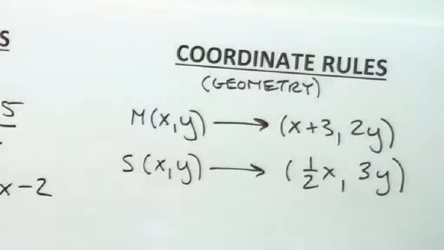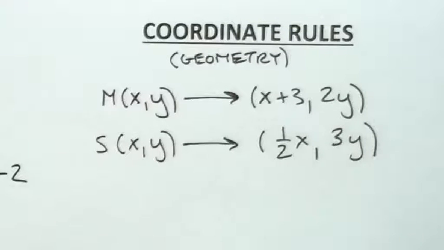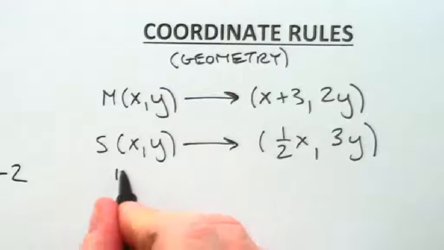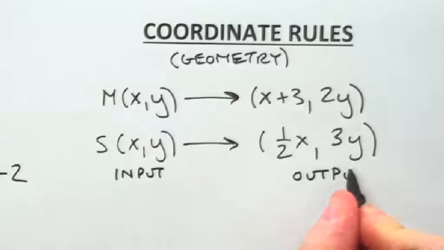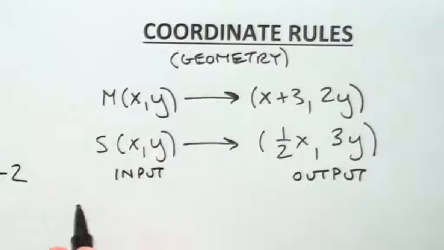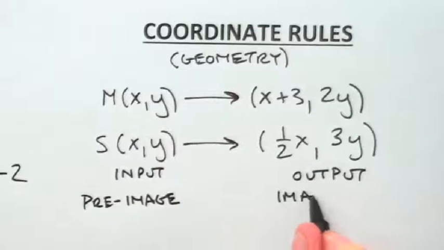Let's go back to our coordinate rule here and speak quickly to the idea that this is going to be the same kind of concept. This will be our input area, this will be our output area. Now in geometry we have different terms for that. We call this the pre-image, the thing that comes before the image, and the image.